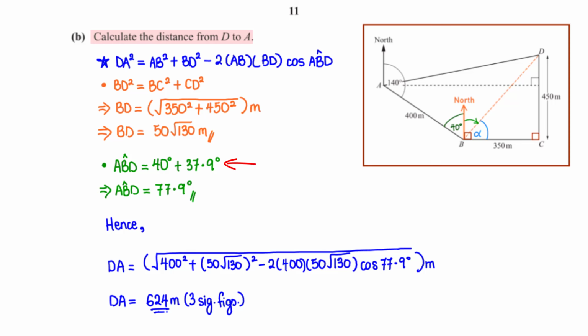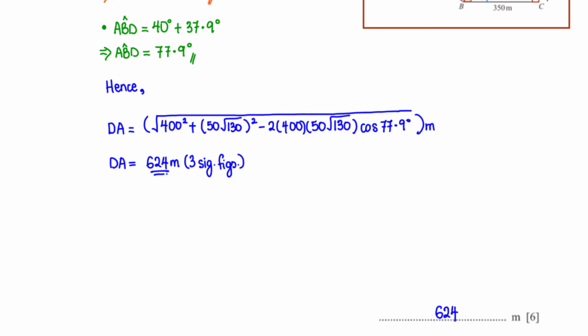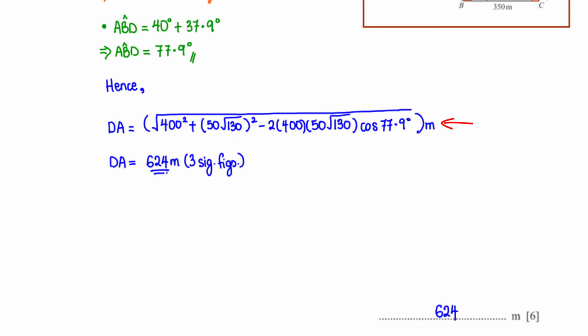Angle ABD is 40 degrees plus the other angle which we found in the previous question as 37.9 degrees. This gives us 77.0 degrees. So now when we make DA the subject and substitute these values into the equation, we get 624 meters, correct to 3 significant figures.